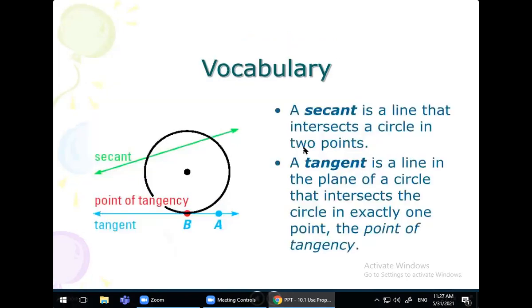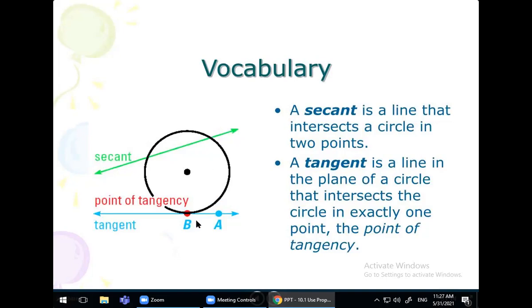But a line means it will extend in both directions. So we have two types. The first one is called a secant, which is the green one. A secant is a line that intersects a circle at 2 points. Did you see this line? This line is called a secant.